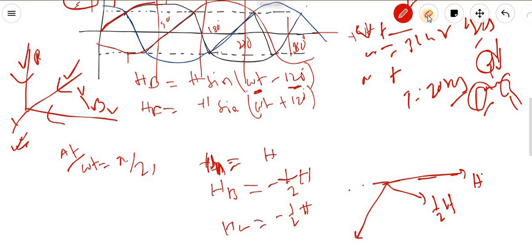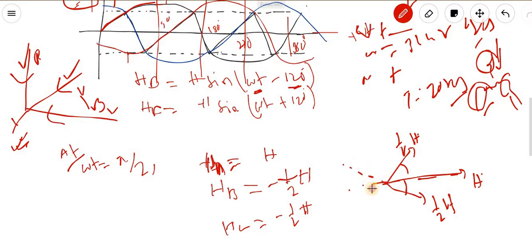In this way. Sorry, for B in this way. Positive H, because it is a negative value, so it will be half H, and for this C also the same, half H.